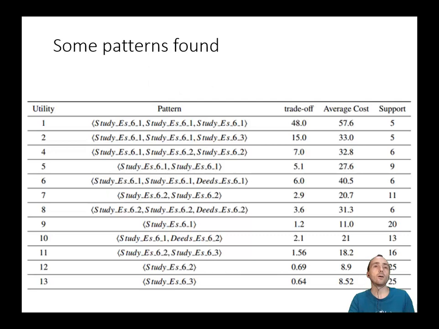Here I have a table that shows more patterns for the learning session 6, I think. So here we see we have many different patterns. They have different trade-off values. The small trade-off values are better, actually. And we have different average cost, different support. So we can find different patterns that will give different results and have a different trade-off between cost and utility.